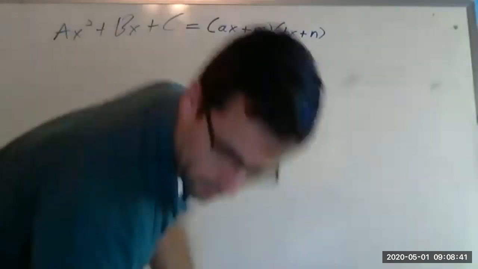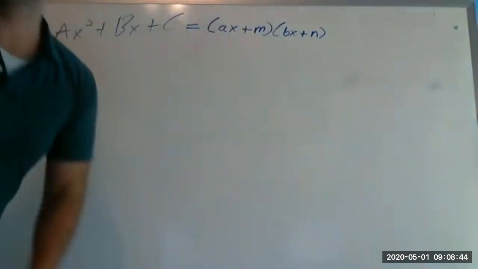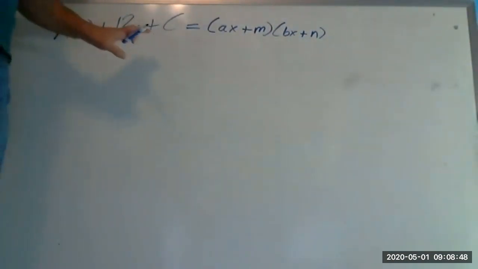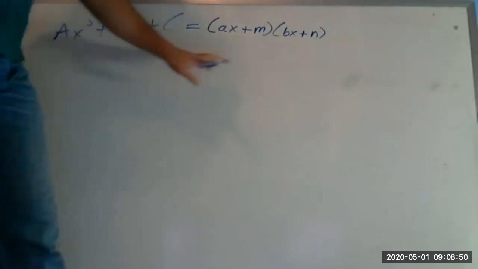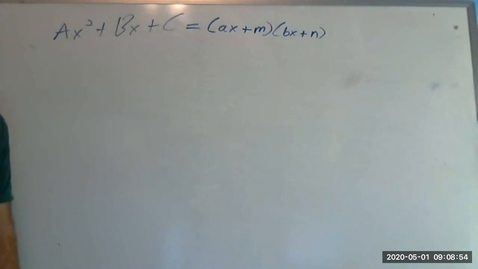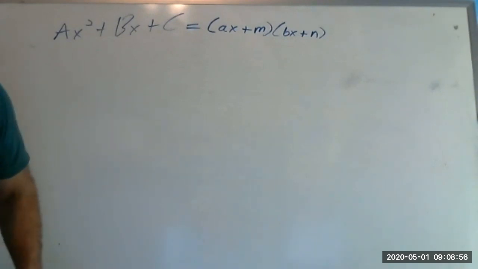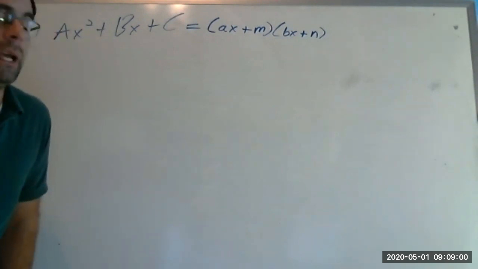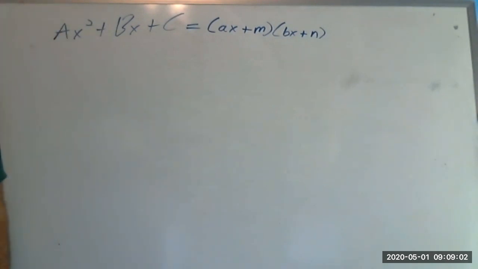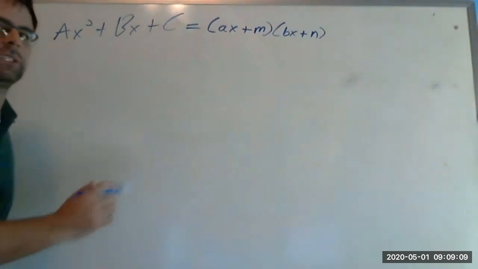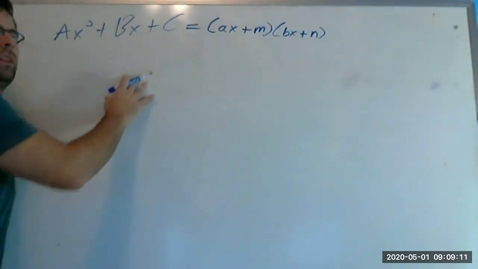This is the whole point: we need to take something that looks like this, and turn it into something that looks like that. What we basically need to do is solve three smaller equations, because we can't really do much just directly with that.